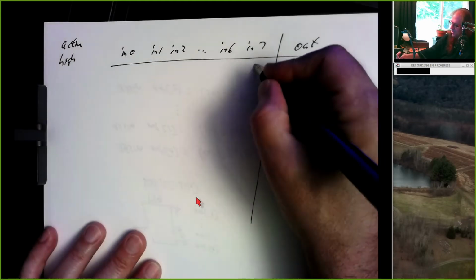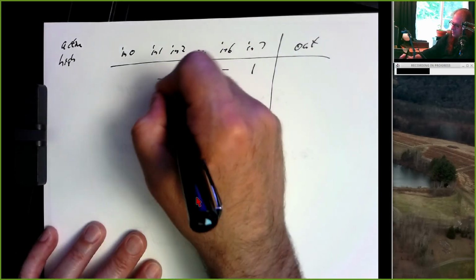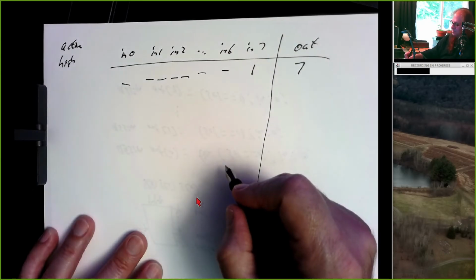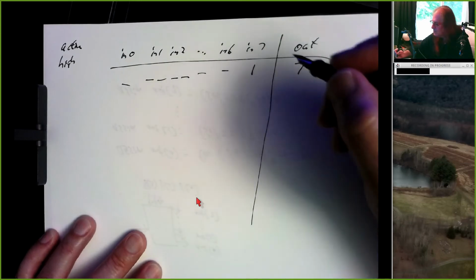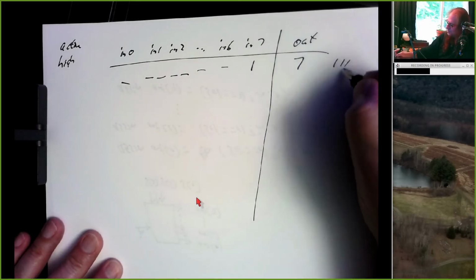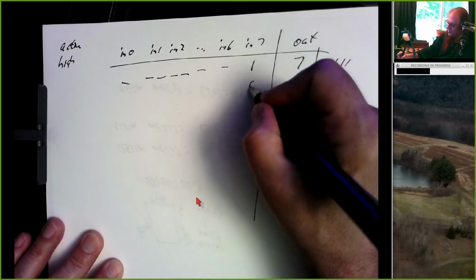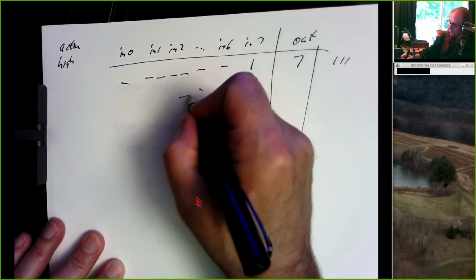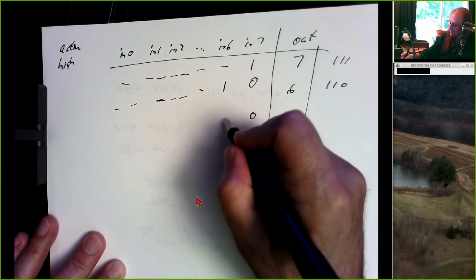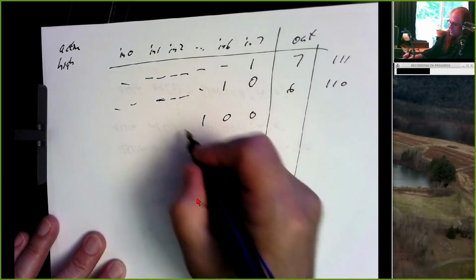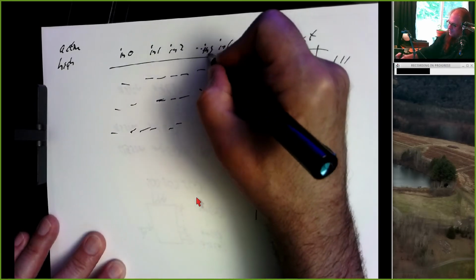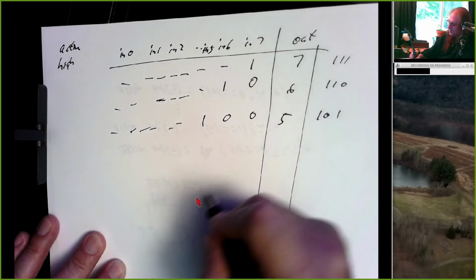So if this bit is a 1, we want our output to be a 7. If this bit, which is 111, if this bit is a 0 but this bit is a 1, we want our output to be a 6. If these two bits are 0 but this bit is a 1, then we want our output to be a 5, because this was input 5, and so on.